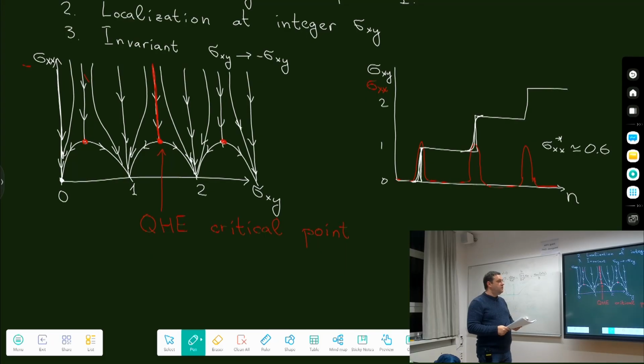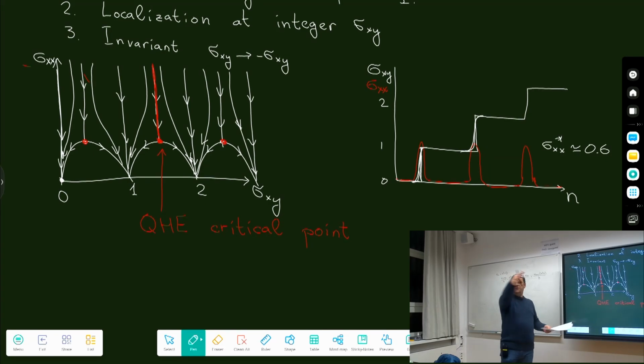So maybe we haven't used much quantum? Oh, it's a lot of quantum ideas here, because this whole flow is the result of quantum corrections. They do not exist in classical physics. Localization does not exist in classical physics. If you have some very weak impurities and your electrons have huge Fermi energy, they will never be localized classically. But in 2 dimensions, they scatter on these weak, small impurities, and the different trajectories interfere.